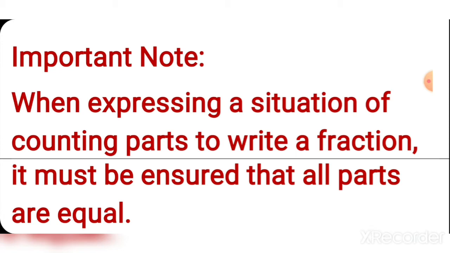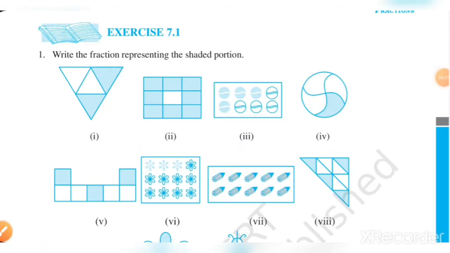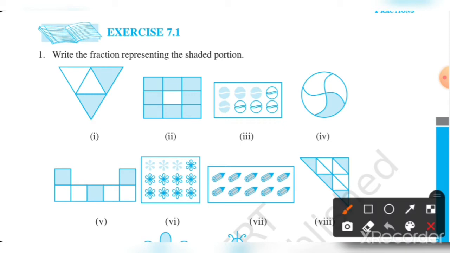On the basis of our knowledge, let's solve exercise 7.1. Exercise 7.1, question 1. Write the fraction representing the shaded portion. Very easy. Now you all are aware of numerator and denominator. Okay.